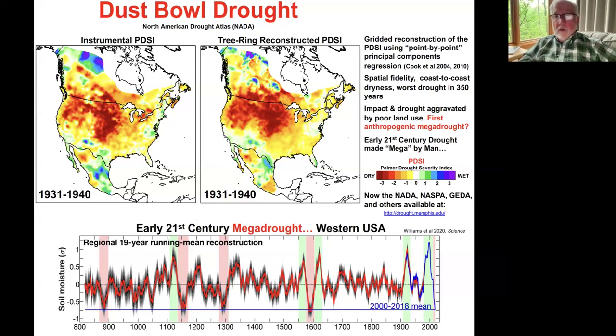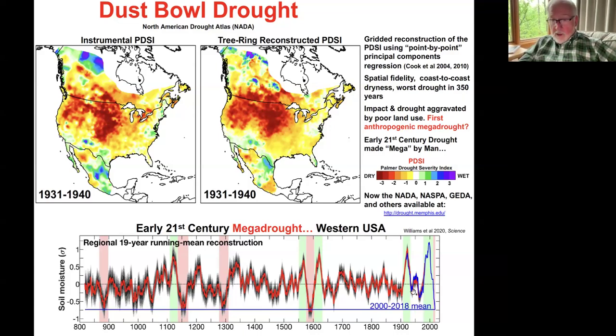We did this, I'm running out of time, using point by point principal components regression, which my buddy Ed developed. You see the spatial fidelity of tree ring drought versus real drought, the coast to coast dryness that you see in both cases, the real data and the reconstructed data. This was the worst drought in 350 years, so say the tree rings.